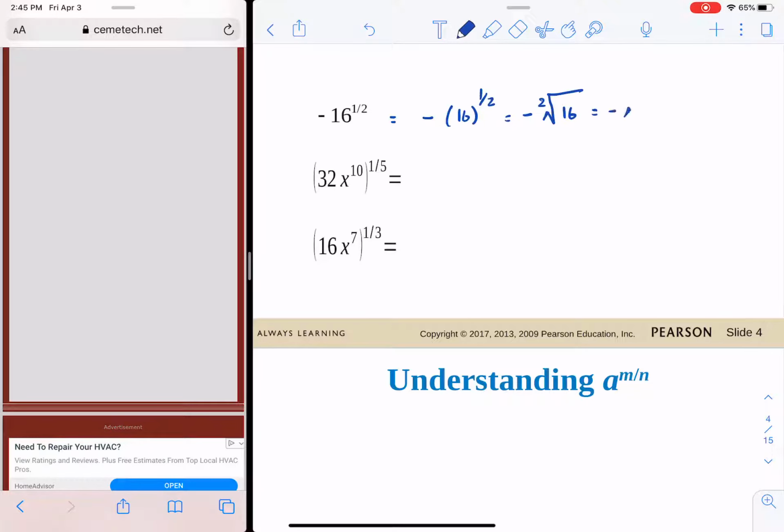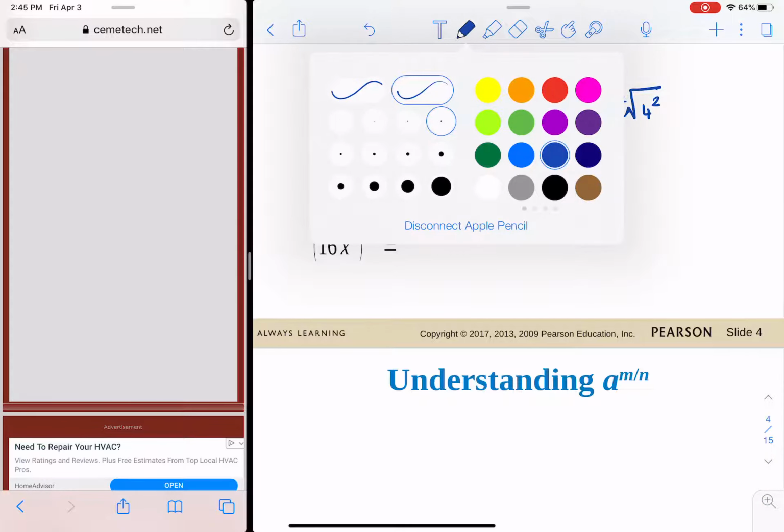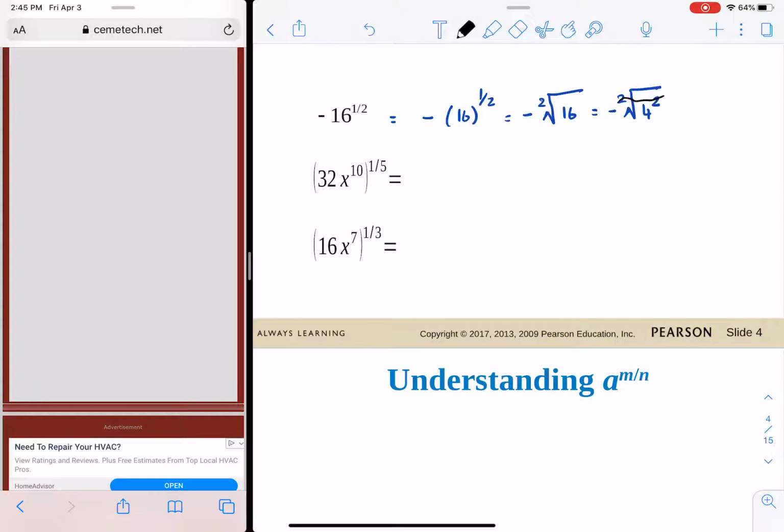We could write 16 as 4 squared, so those two would go away, resulting in negative. But when we take the square root, it's plus or minus 4, and negative of plus or minus 4 is simply plus or minus 4.